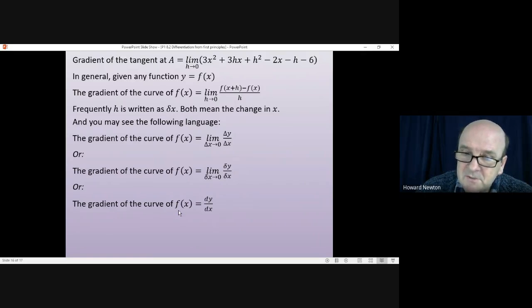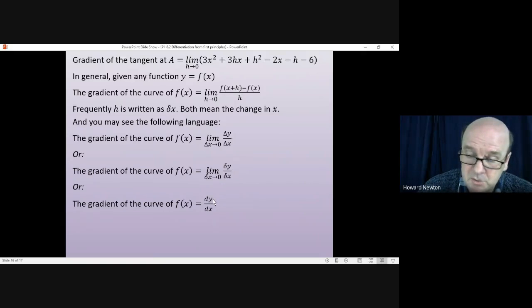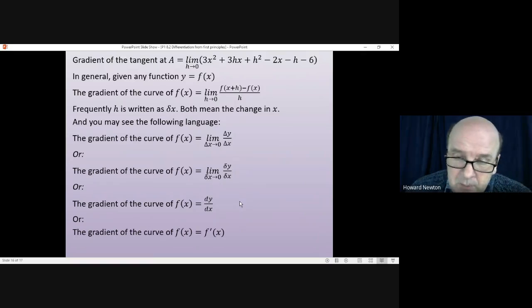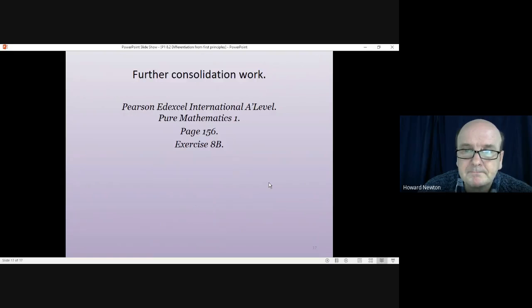So the gradient of the curve f of x is equal to dy by dx. You can just read it as dy by dx, obviously, or that says that you are differentiating y with respect to x. And the final thing you might meet is function language, where if you have the gradient of the curve of f of x, staying in function language, you'll see that written as f dashed of x or f prime x.